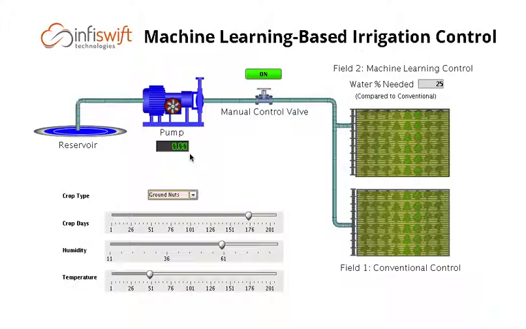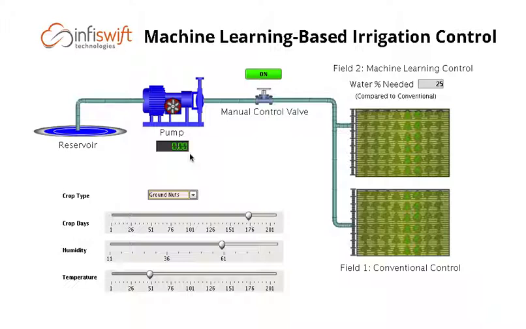So we can very quickly look at your application, at specific technology that you already have in place, whether that's existing sensor networks or your existing irrigation control systems, and we can flexibly and rapidly integrate the Infiswift Technologies platform into that technology ecosystem, so that you don't have to replace the existing technology that you have.